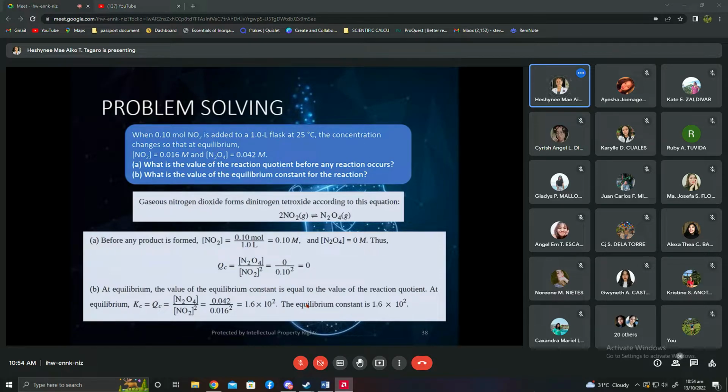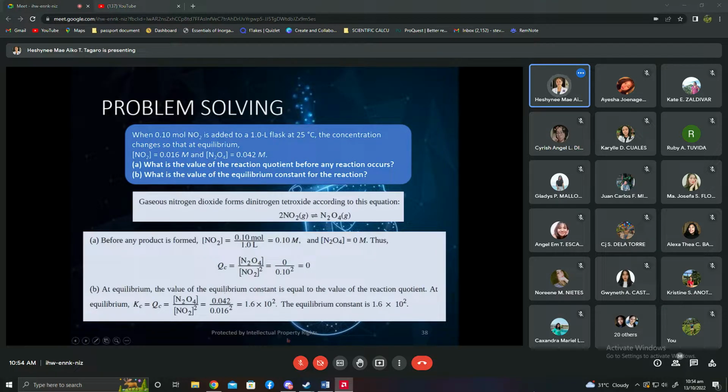Qc at equilibrium is equal to Kc. So 0.042 divided by 0.016 raised to 2, and this will give us a Qc of 1.6 times 10 raised to 2.